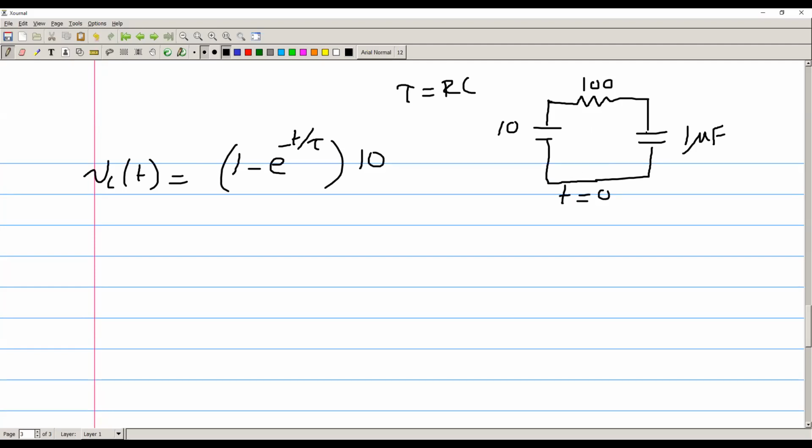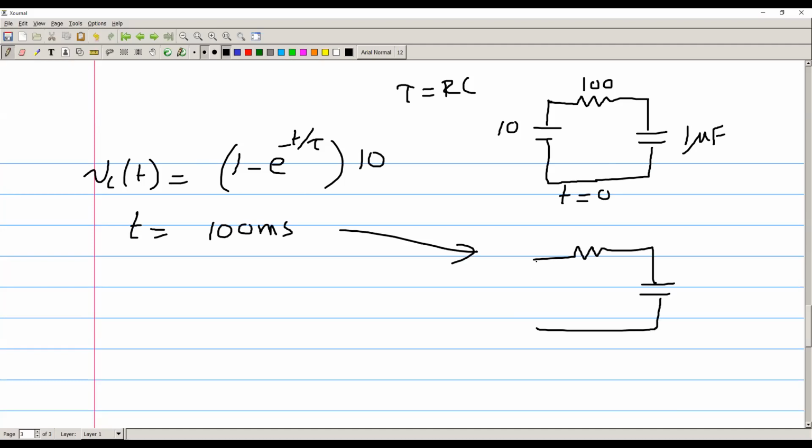Since we're not going to wait until infinity, we're going to switch this circuit at t equals 100 milliseconds to another circuit that looks like this. What's going to happen in that new situation is that we have a voltage here that's going to drive the current across the resistance in the opposite direction.